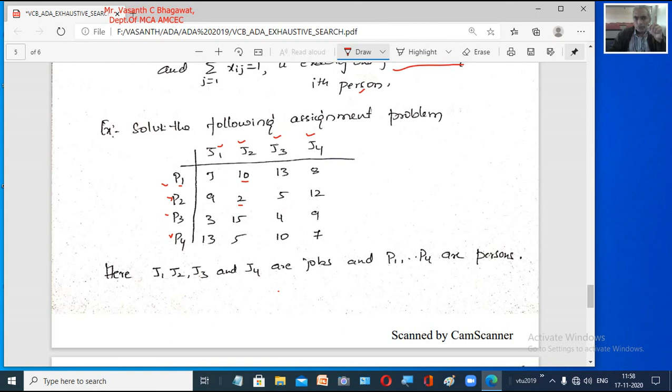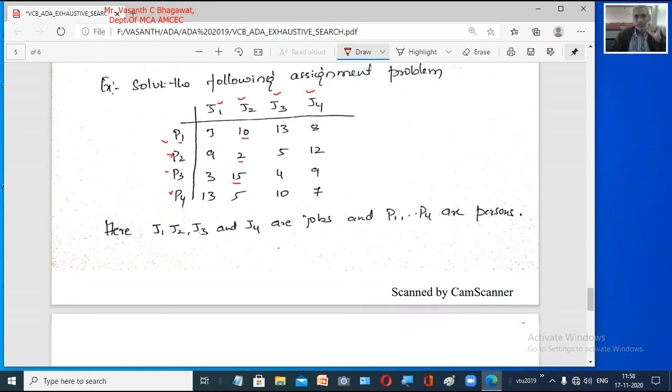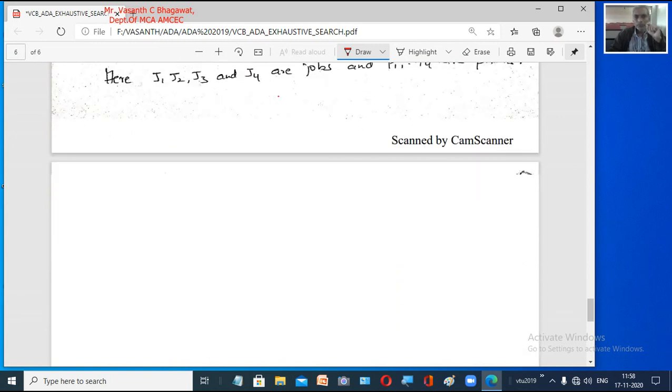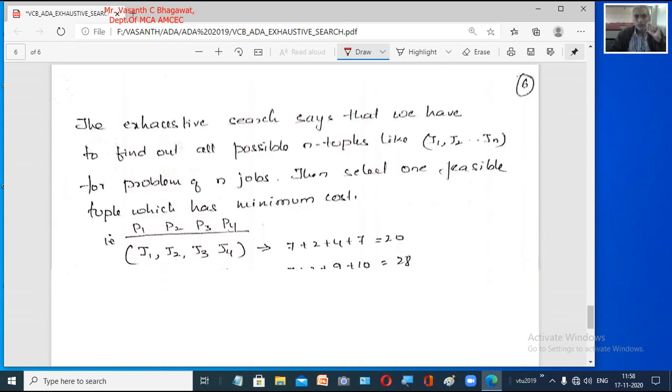Similarly, same job 2, third person takes 15 units of time. So like this, for each person and for all jobs, it is given in a table. So this table we call it C of ij. For the ith person, jth job, when you assign, what is the cost is given for us.